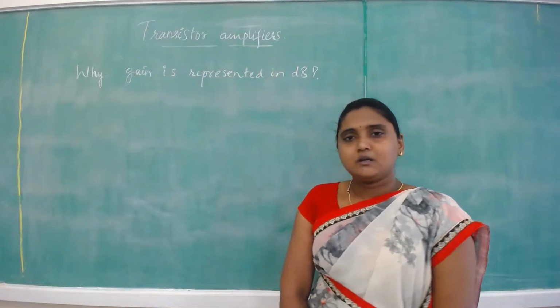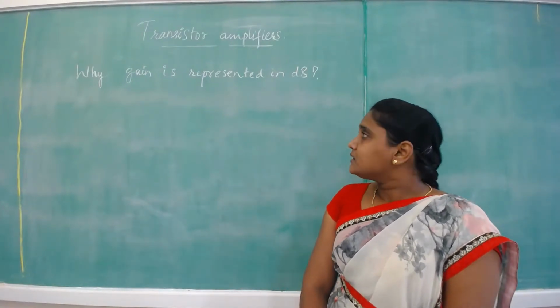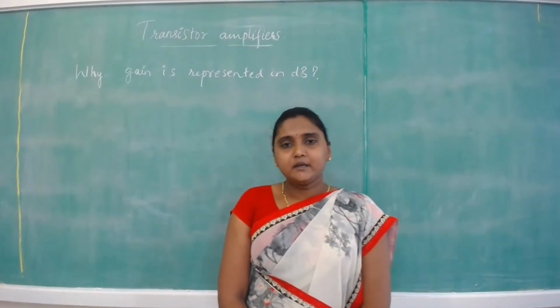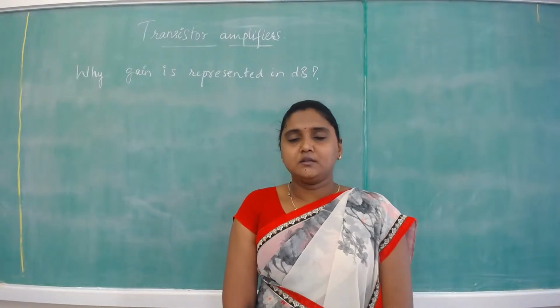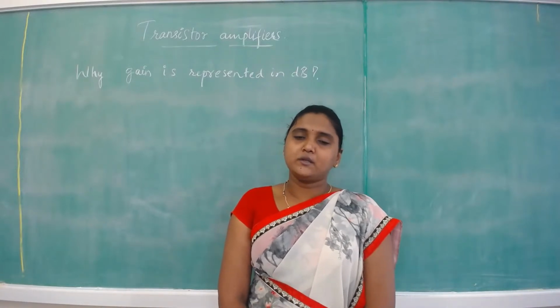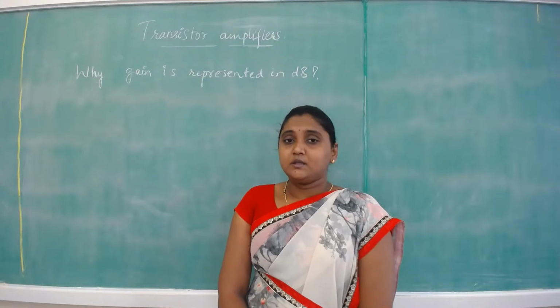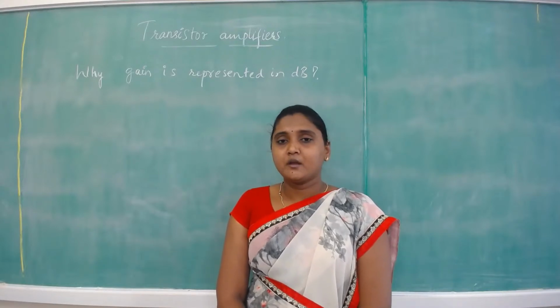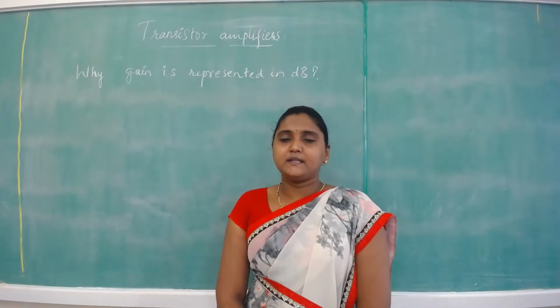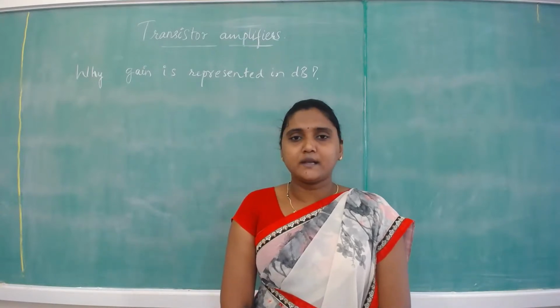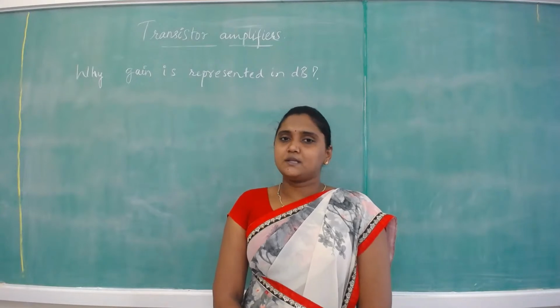We are using a logarithmic unit, that is dB here, and naturally the human ear response is also logarithmic. Okay, human ear, that means our ear that we listen with, also has a natural logarithmic response.